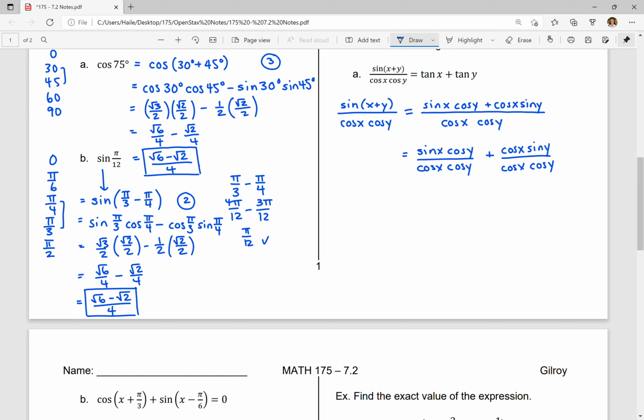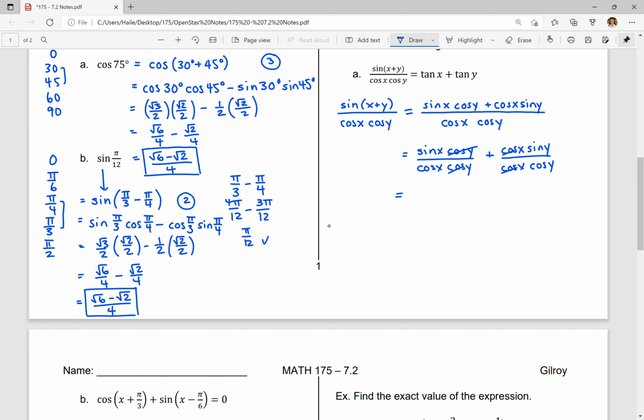Okay, so how can I continue to simplify this? Well, you might notice that in the first fraction, we have a factor of cosine y on the top and a factor of cosine y on the bottom. And likewise in the second fraction, I have a factor of cosine x on the top and a factor of cosine x on the bottom.